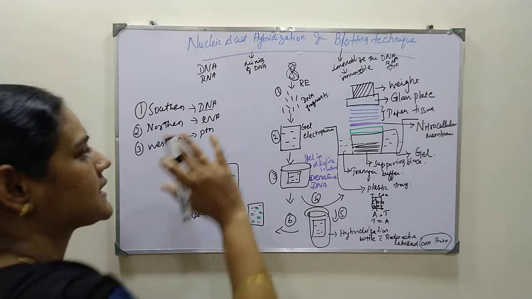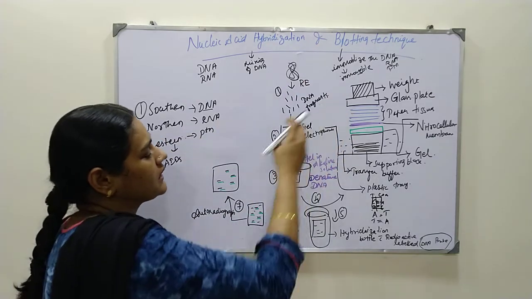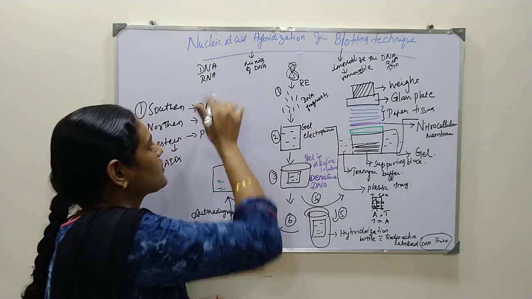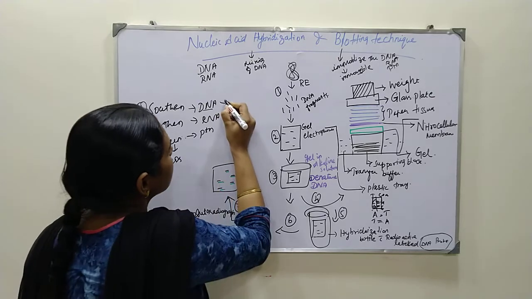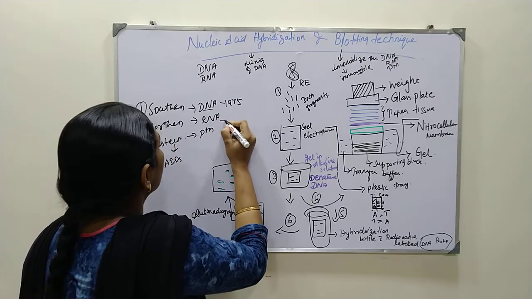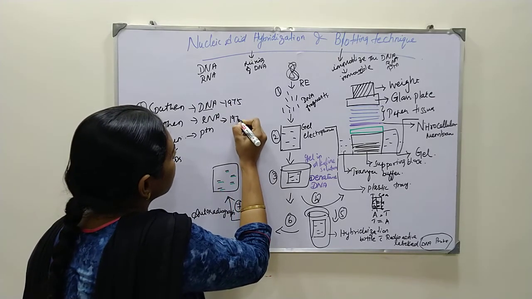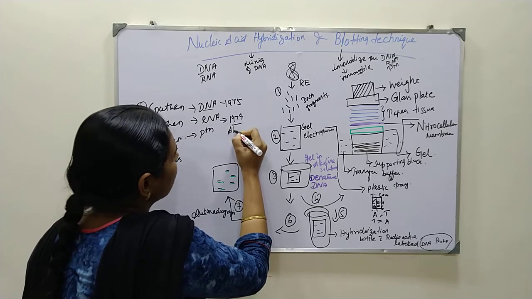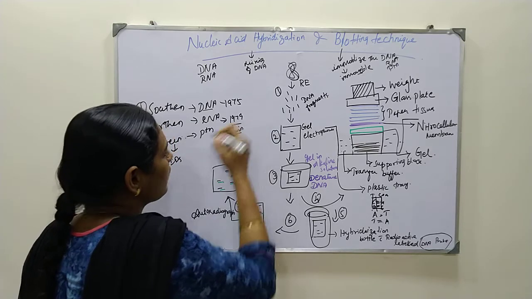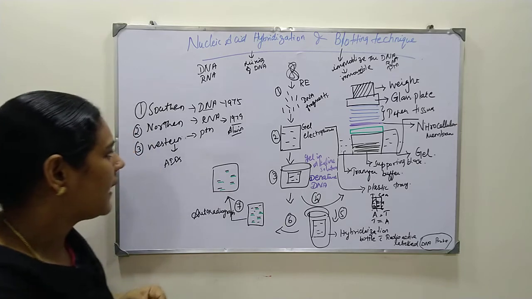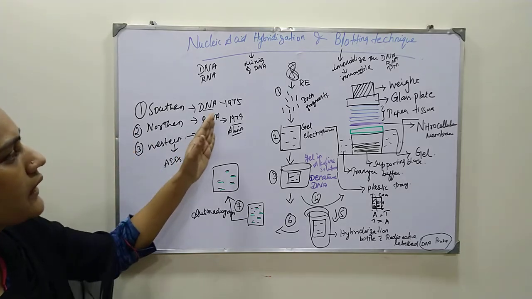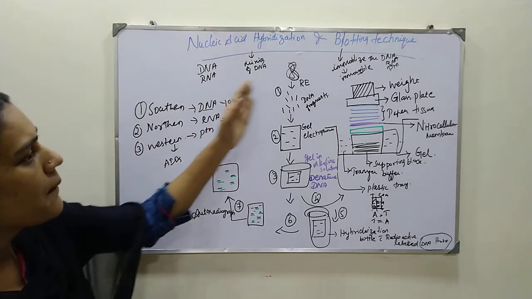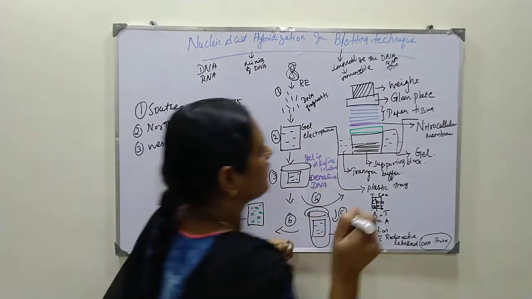The technique is the same, but the thing we are getting differs. Southern blotting was discovered by the scientist Southern in 1975, and northern blotting was developed in 1979 by Alwine, a scientist. In southern blotting we use a nitrocellulose membrane, and this membrane is very important.